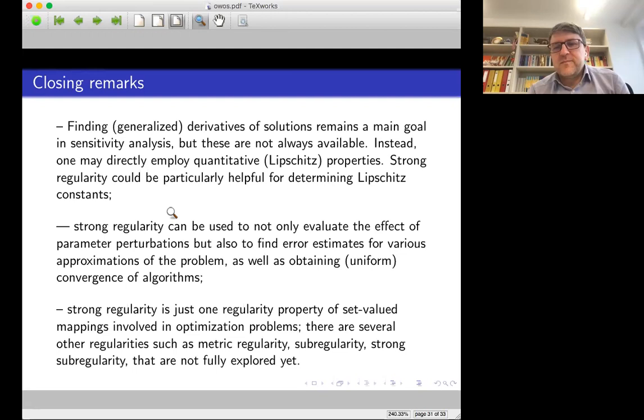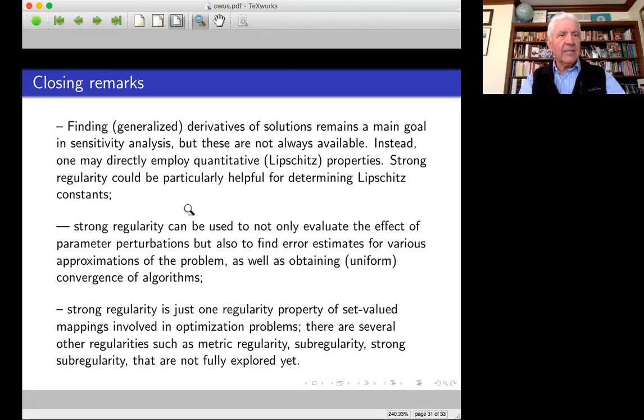So closing remarks. Finding generalized derivatives remains a main goal of sensitivity analysis. But generalized derivatives are not always available. Instead, one may directly employ quantitative properties. Strong regularity could be particularly helpful for determining the Lipschitz constant because it simplifies the problem.